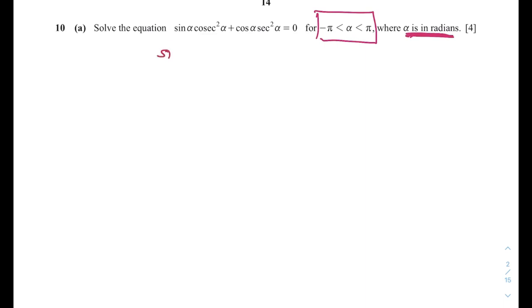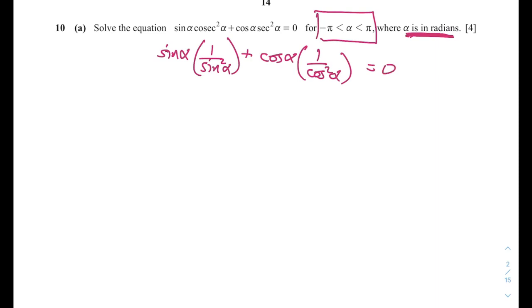So that means you have sine alpha into bracket 1 over sine square alpha because of the square here. And then you have plus cos alpha into bracket 1 over sec square, which is 1 over cos square, so cos square alpha, all equal to 0.